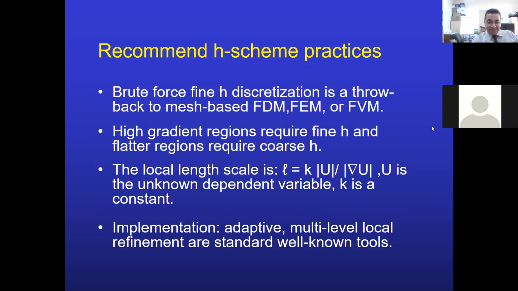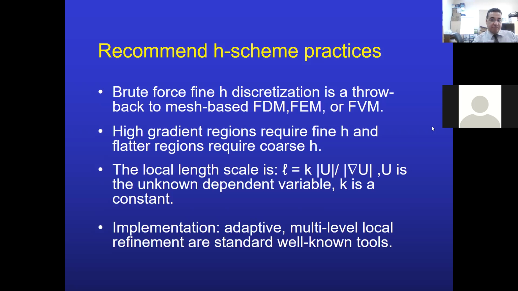And okay, so I just want to point out that when you take a look at, say, when the gradient is very flat, that means the gradient of the function is going to 0. So you can use a very large length scale.